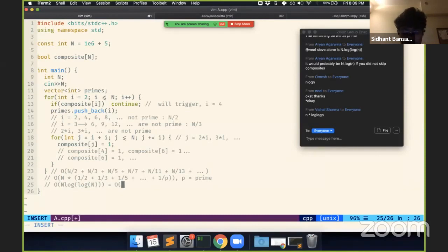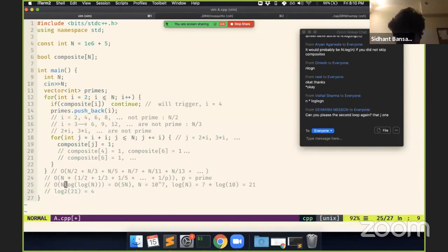For more practical purposes, just think about it like 5n. Because if n is even like 10 to the 7, which is probably the biggest value you'll get in competitive programming, then log of n is probably 7 into log 10, which is something like 21. And then log of 21 is something like 4-ish. I'm doing all these logs base 2.